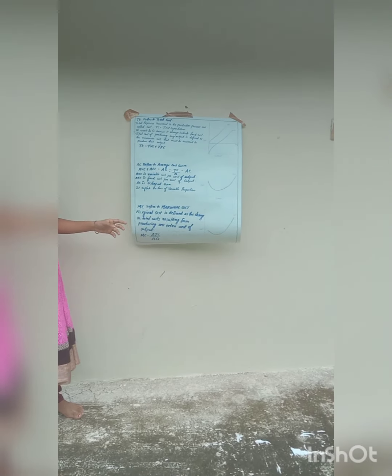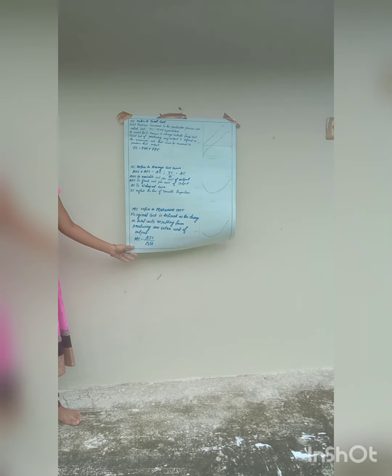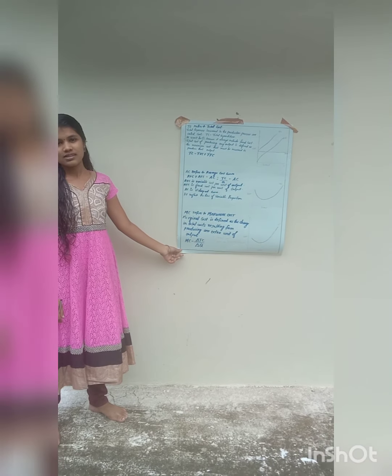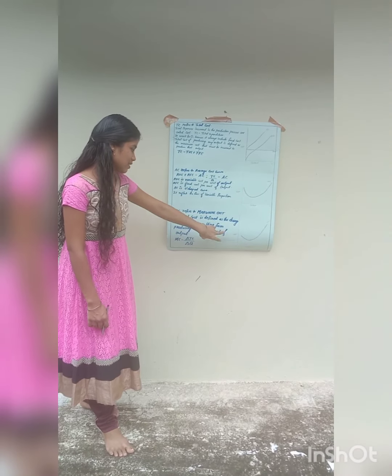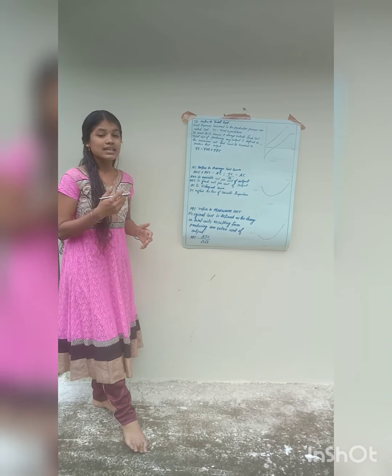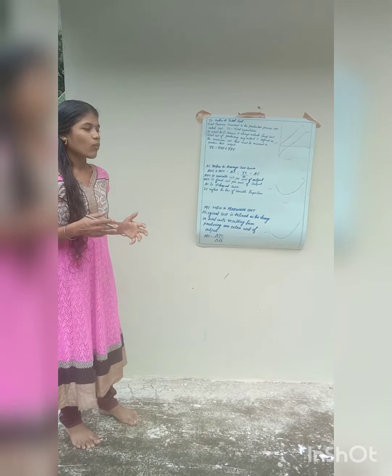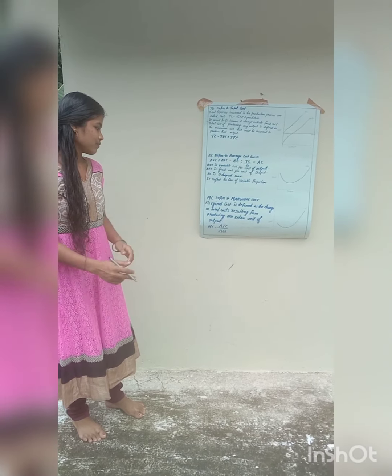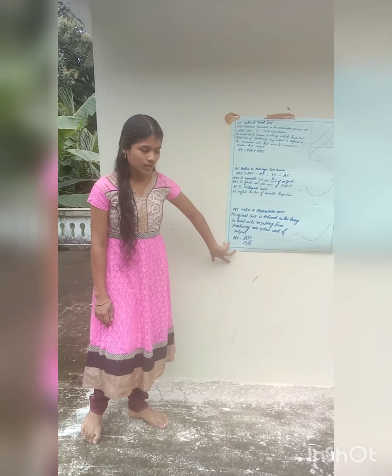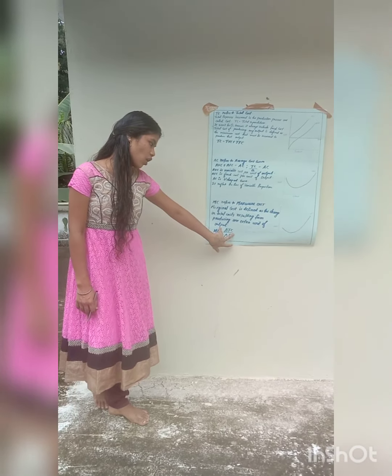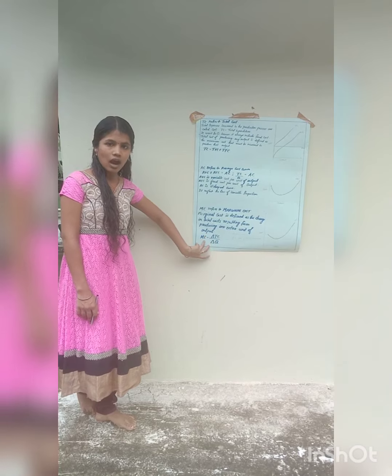Then moving to the next concept, that is MC curve. What do you mean by MC? MC is marginal cost. Marginal cost is defined as the change in total cost resulting from producing one extra unit of output. The formula for calculating marginal cost is delta total cost divided by delta output.